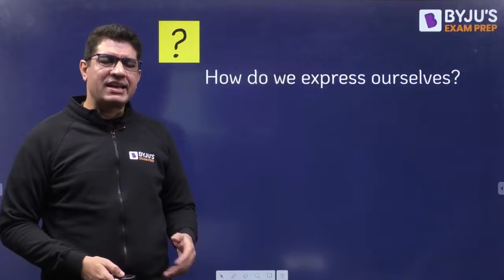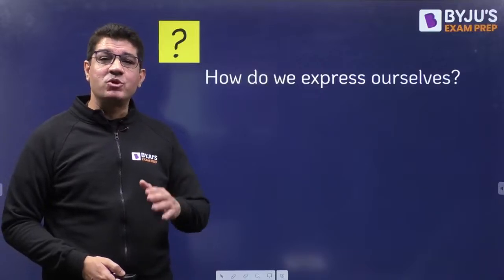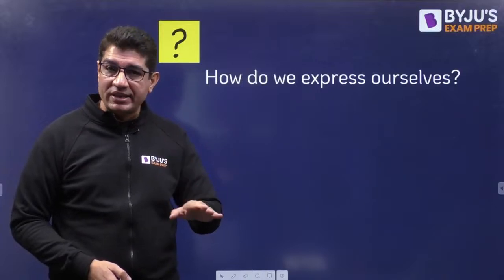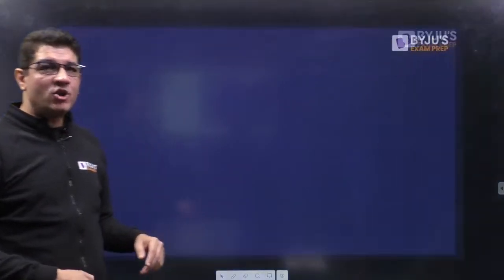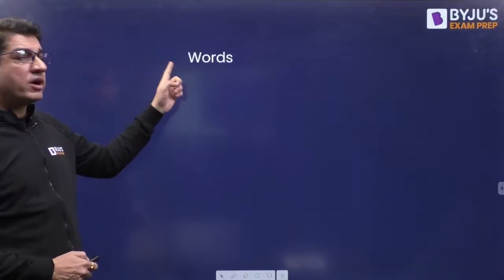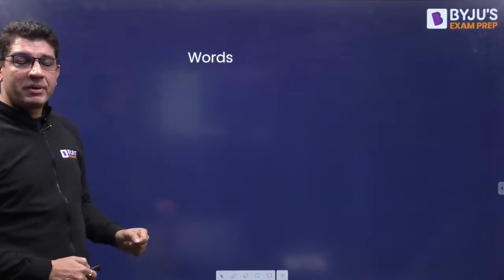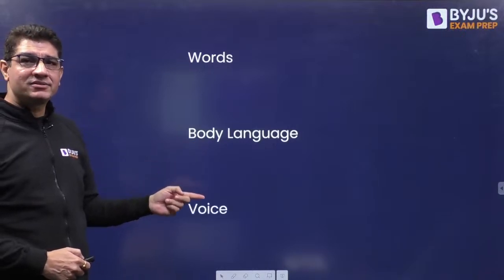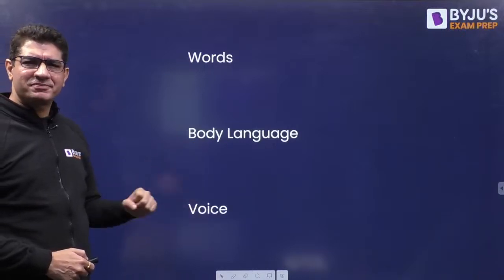So can I say that at the end of the day, the communication happens in 3 distinct ways? We can use words to express ourselves, but then we also use body language and the voice.